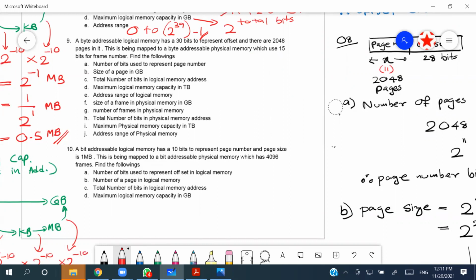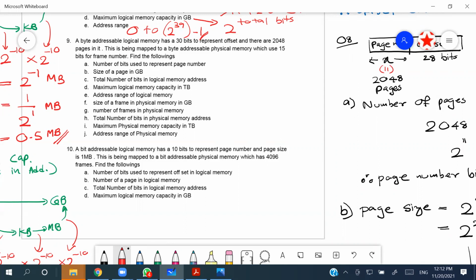It says a byte addressable logical memory has 30 bits to represent offset, and there are 2048 pages in it. This is being mapped to a byte addressable physical memory, which uses 15 bits for frame number. Find the following. So for the first time, the question talks about two addresses, a logical one and a physical one. That is what actually happens during the address mapping.